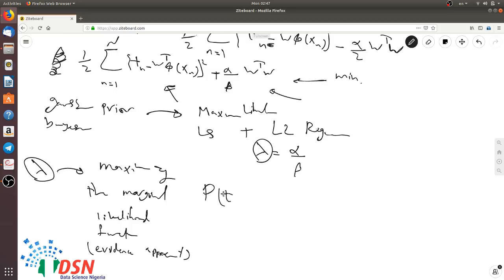And for prediction we can write, because when we have the Bayesian approach, the prediction is important. In maximum likelihood we just have one answer for W, but when we use the Bayesian approach, we have a posterior distribution over W, not a single point estimate.